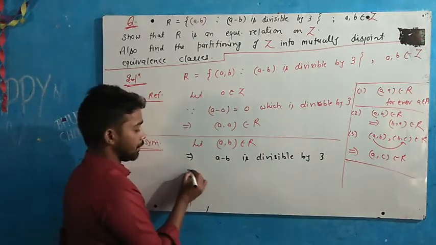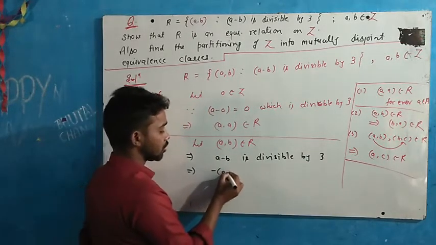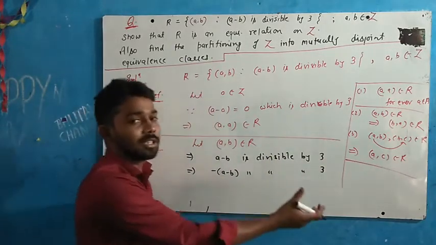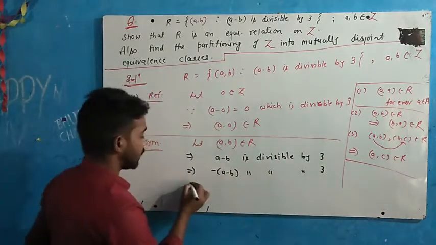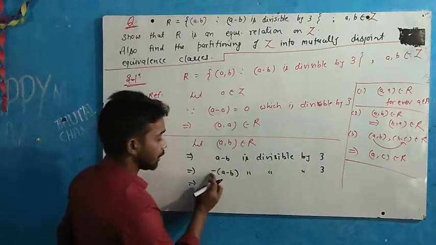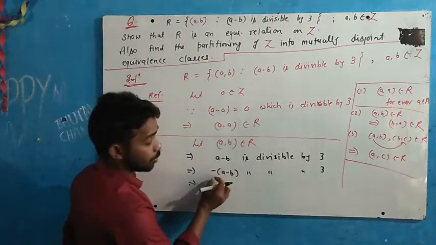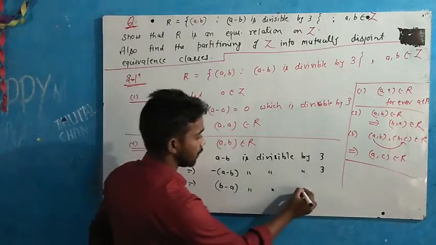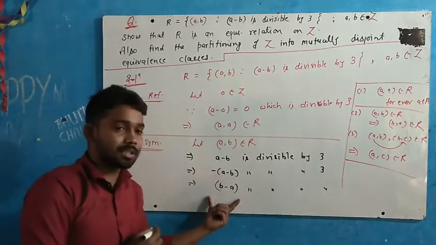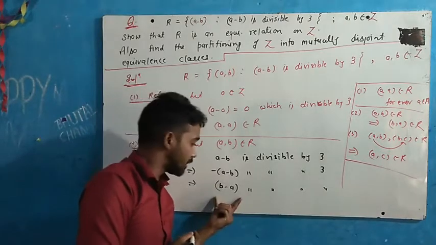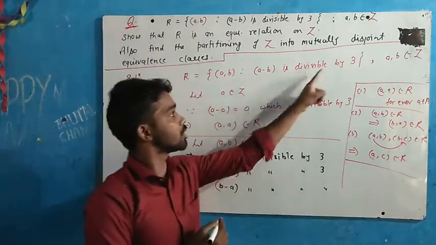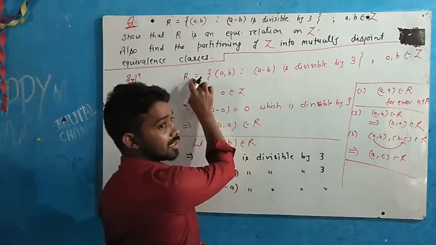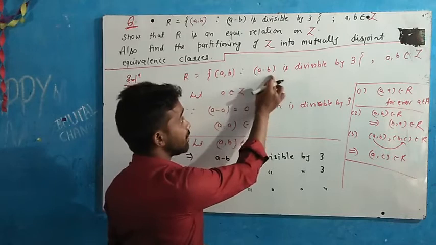Clear? And we can show that the negative of this number is also divisible by 3 very easily. If 6 is divisible by 3, then minus 6 also. Now this can be written as, when we open the bracket, b minus a is divisible by 3. So here we have seen that two numbers whose difference is divisible by 3 must be present in the form of an ordered pair in relation R. So we can say (b, a) belongs to R.